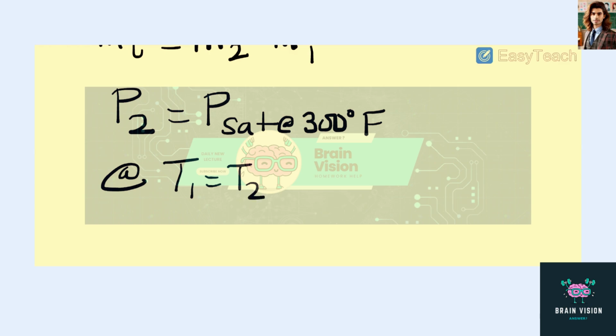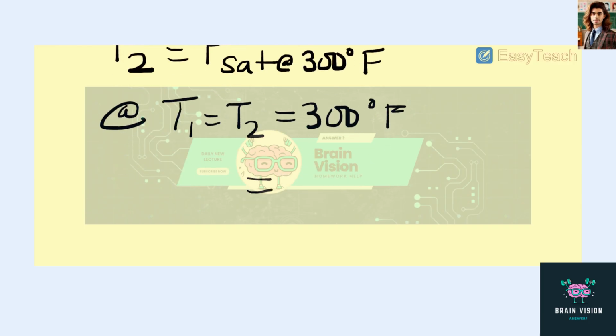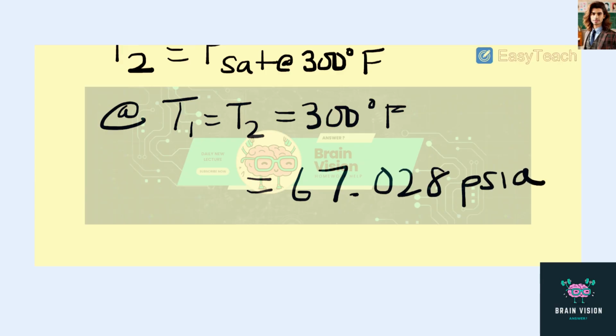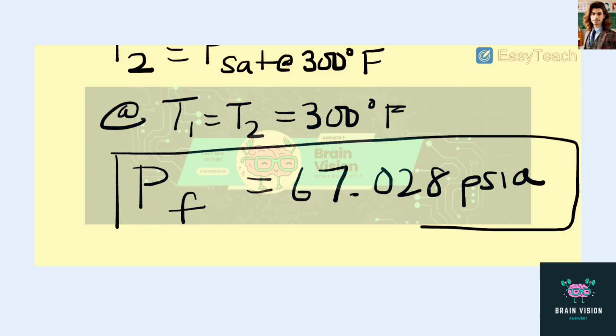Remember, the temperature of the tank is staying at 300 degrees Fahrenheit. The pressure is going to be equal to 67.028 psia. So that is going to be our final pressure, P final. So that's one part of our answer.